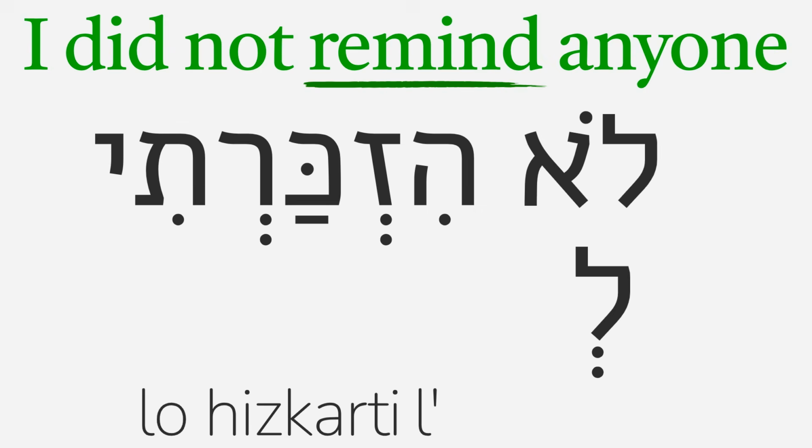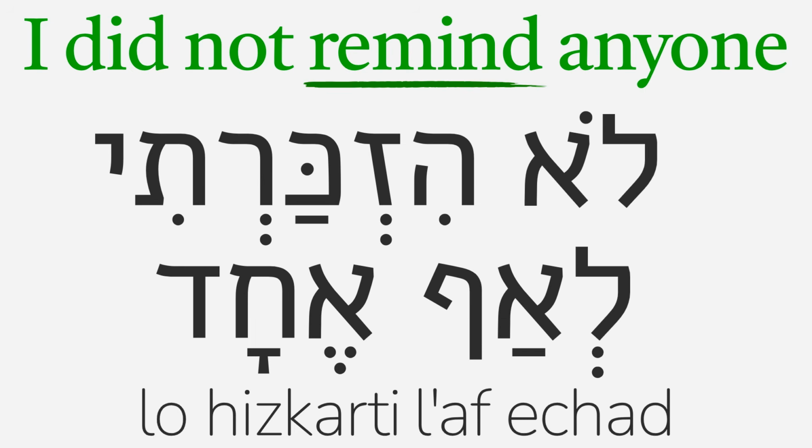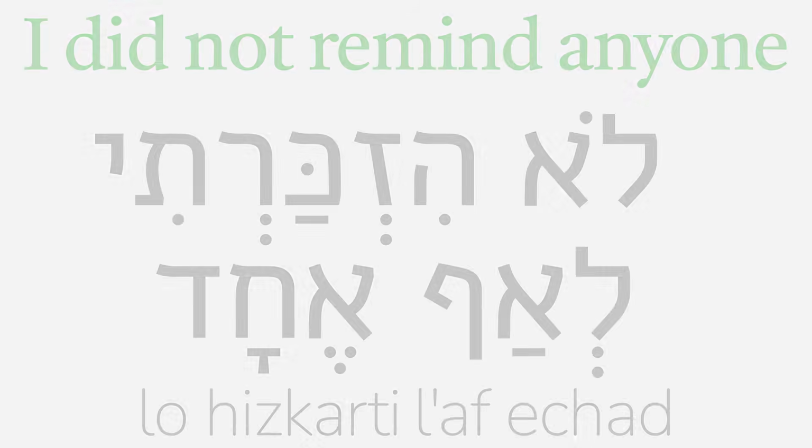This person is af echad, which can be translated into English as anyone or no one, depending on the context. Lo hiskarti la'af echad. I did not remind anyone. Lo hiskarti la'af echad.